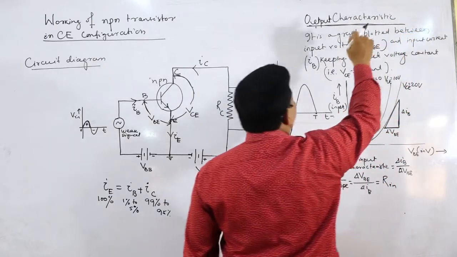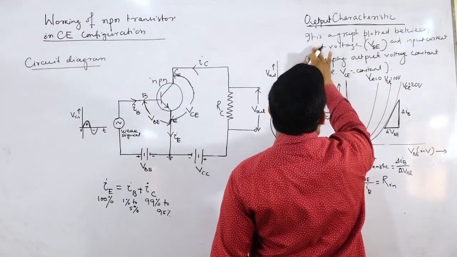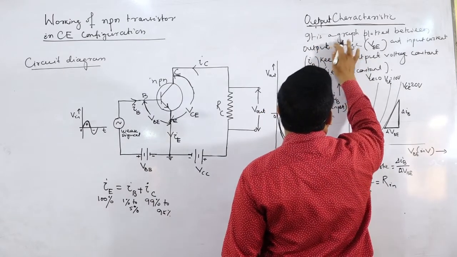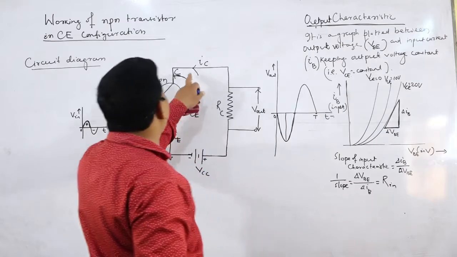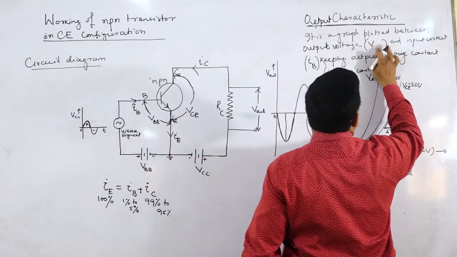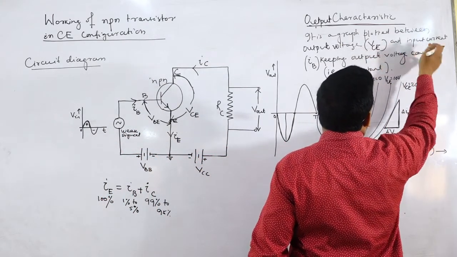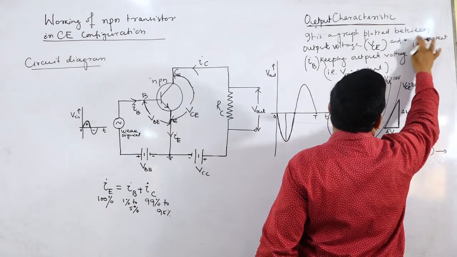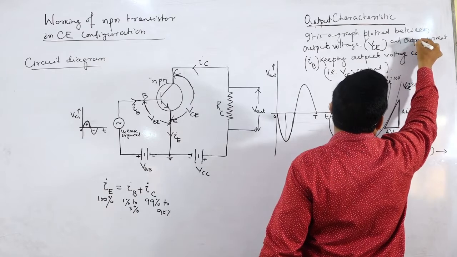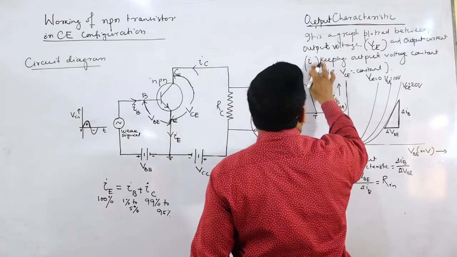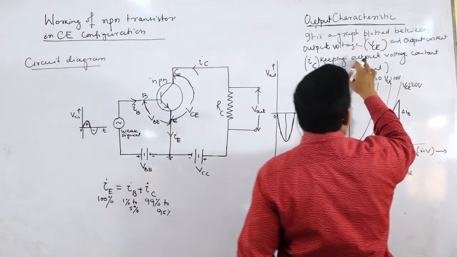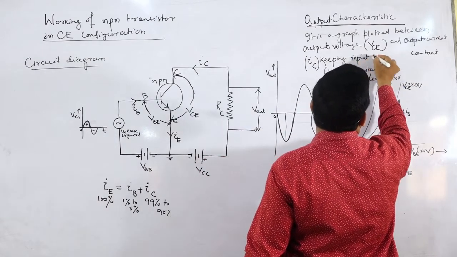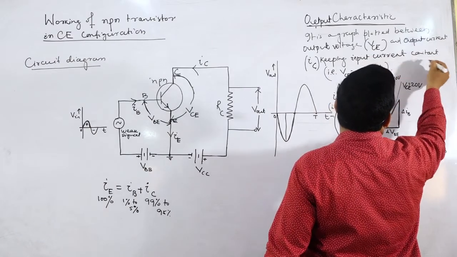Output characteristic is a graph plotted between output voltage, collector emitter voltage, and output current, that is IC, keeping input current constant.